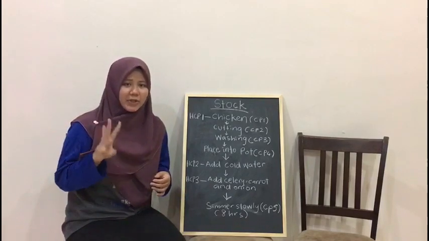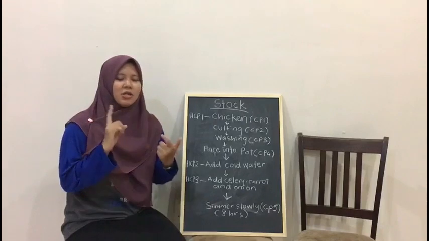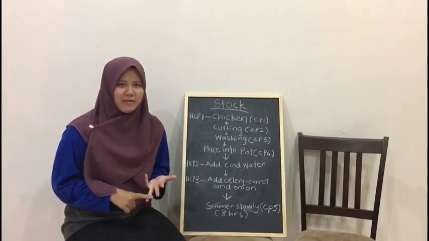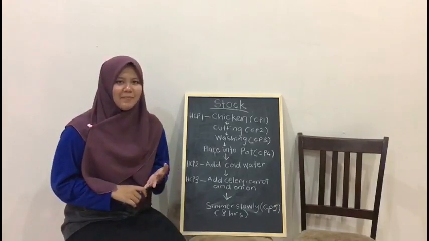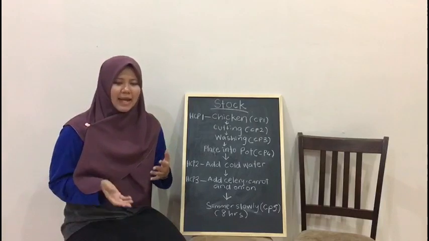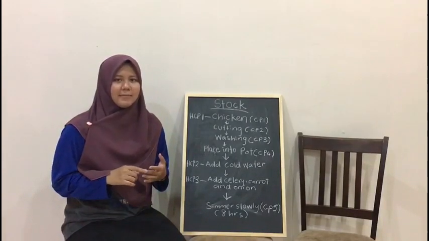For CP3, the source of water used is clean, not intoxicating, not hazardous, and not poisonous to health. For CP4, the pot that is used is clean from any dust and not affected by rust.